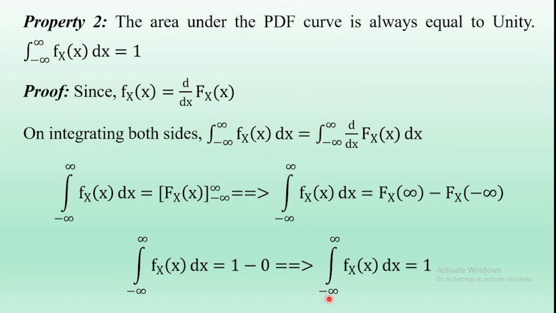Therefore, the integral from minus infinity to infinity of fX(x) dx is equal to 1. The small fX(x) is the probability density function. The area under the probability density function curve is always equal to unity. That is, the integral from minus infinity to infinity of fX(x) dx is 1. And this is the second property.